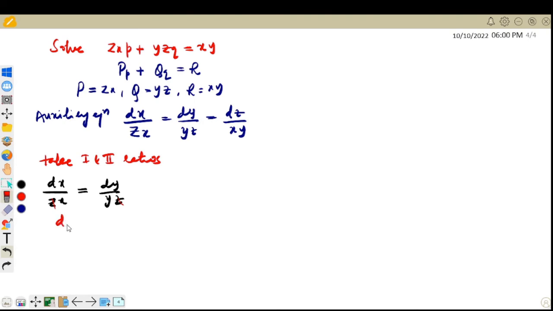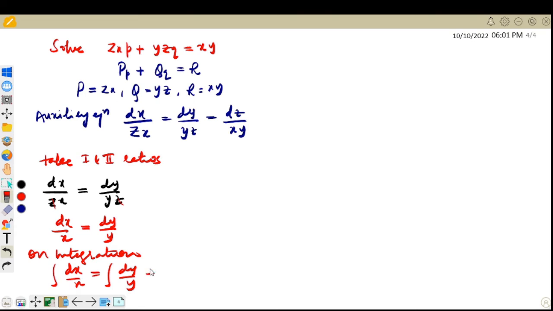You will get dx by x is equal to dy by y, and integrating, integration of dx by x is equal to integration of dy by y plus log of c1.